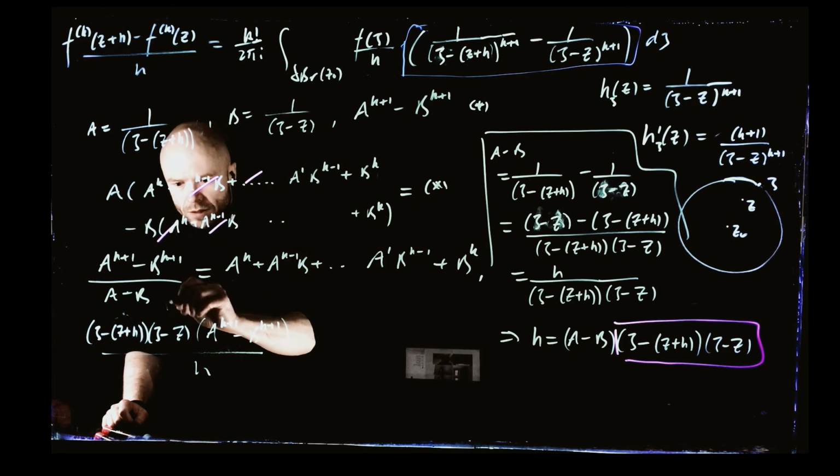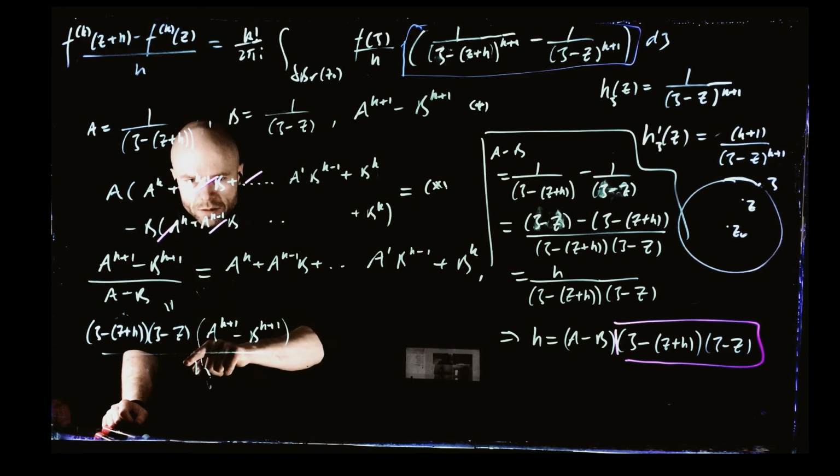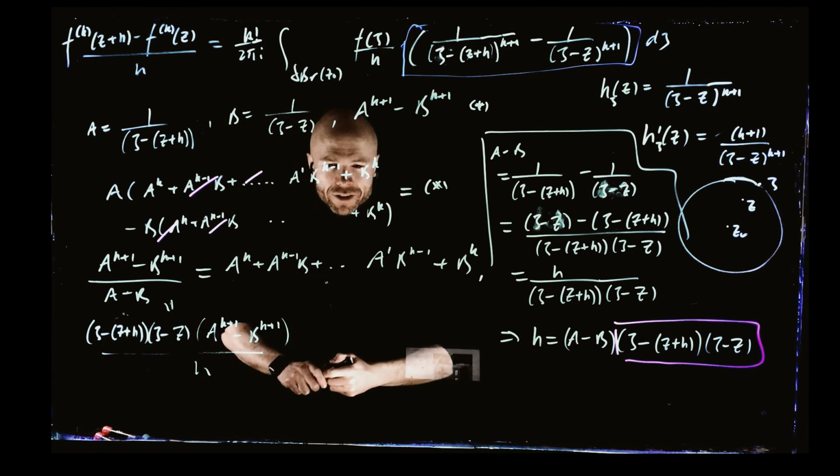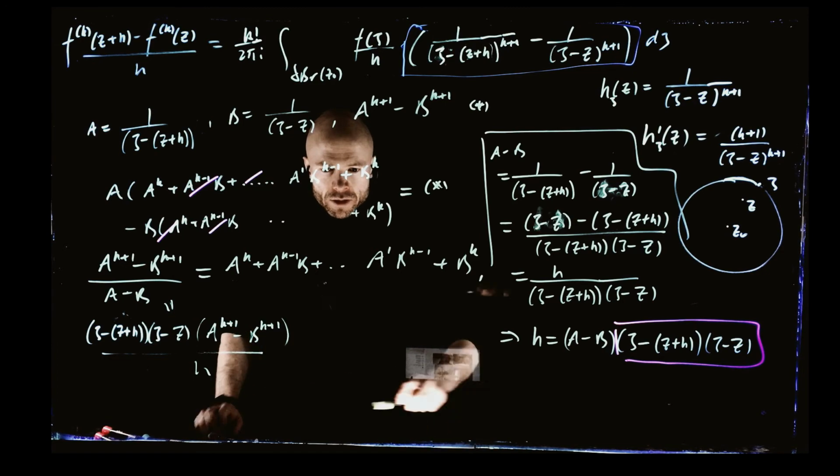So this is equal to this. Give me a thumbs up if you're still with me. Make sure your thumb reaches the video camera. I can't see it. All right.